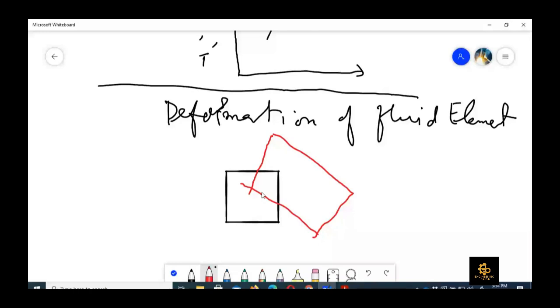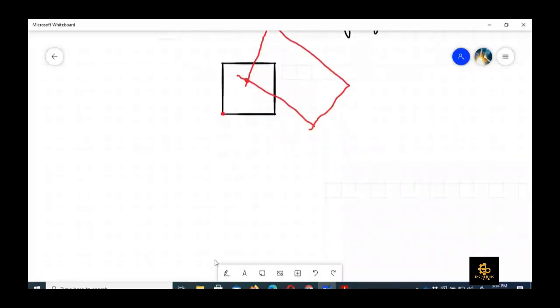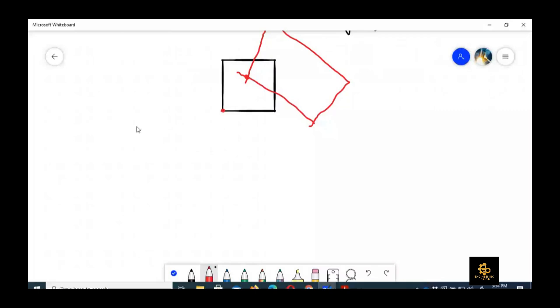Because it looks very difficult to see as it is, since we don't know what the changes are, if we want to write how many changes there are: first of all, if this was the origin of that element, it traveled a distance. That motion, the linear motion of that, we call translation.